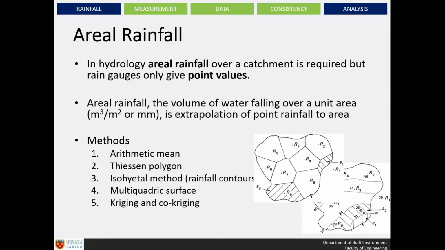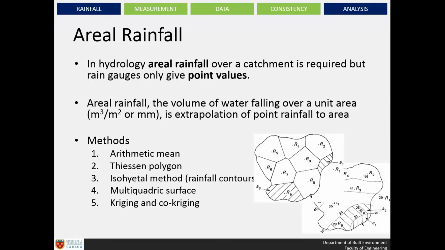Then there's things like Thiessen polygons. This is where you divide the catchment into area polygons, and each rain gauge represents the area within its polygon. So it's like a weighted average. Isohyetal method. This is where it's like rainfall contours. It's the equivalent of topographic contouring, just with rainfall values. And then some more complex methodologies like multi-quadric surfaces. This is like interpolating.